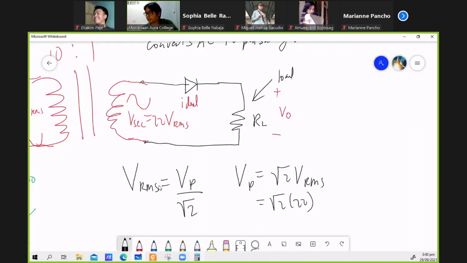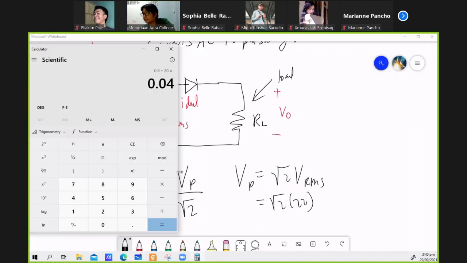Calculator dito na lang sa Windows. Okay. Square root of 2 times 22 equals 31 volts peak.